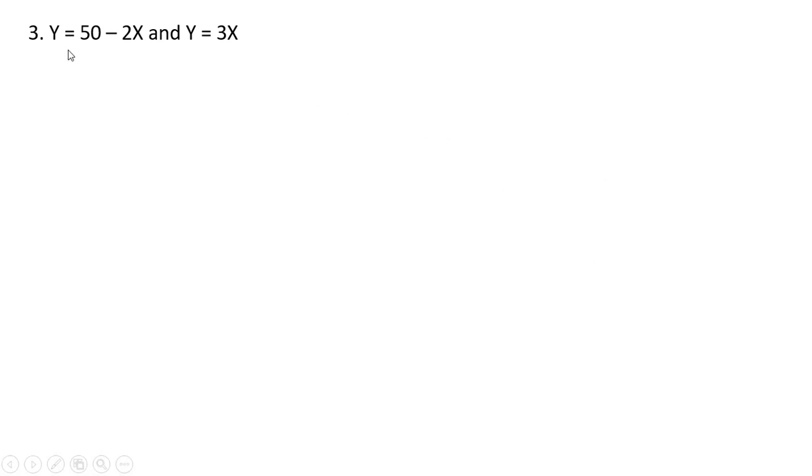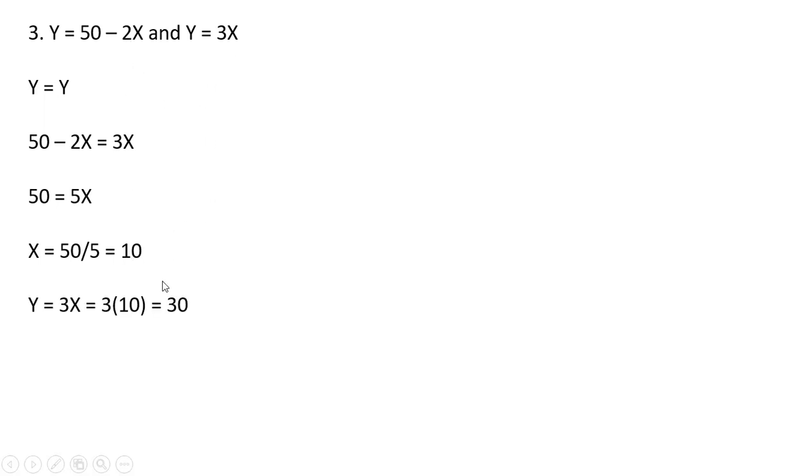Two more equations, y equals 50 minus 2x and y equals 3x. Set y equal to y. That'll eliminate the y. Doing that, we get this, adding 2x to both sides, 50 equals 5x, dividing through by 5, x equals 10, and we'll take this 10, we can plug it back into either one of these equations.